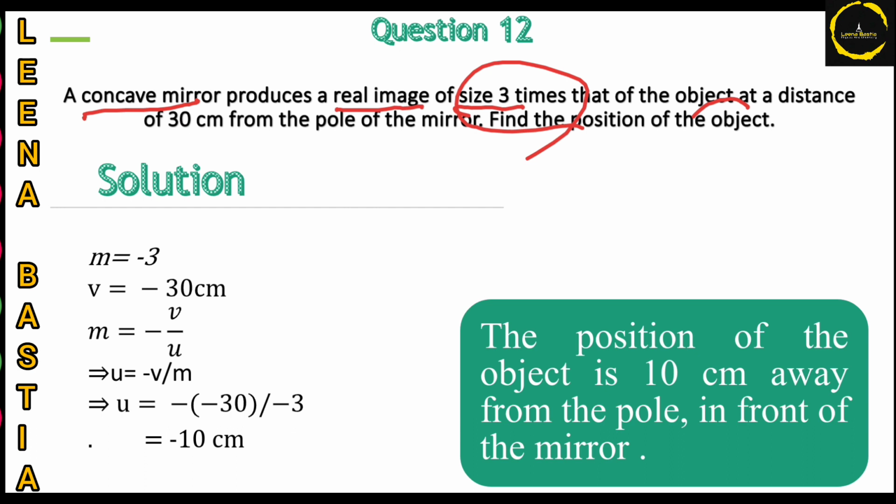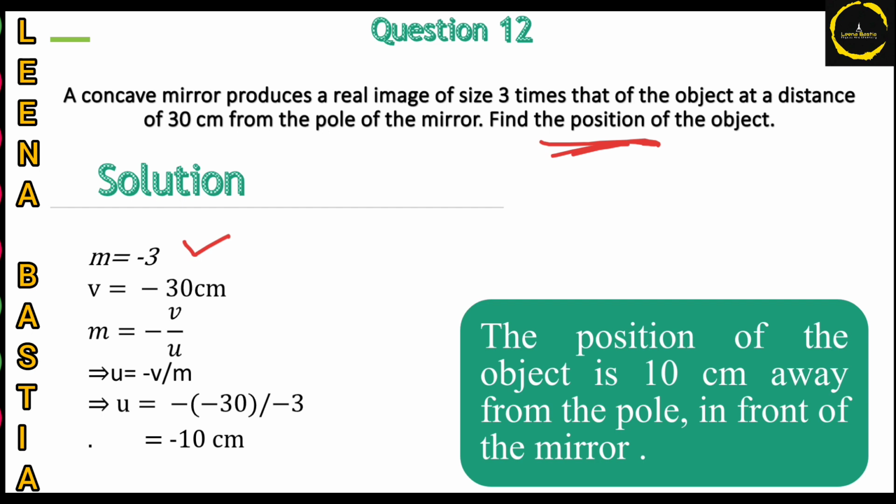If magnification becomes minus, then what type of image it will be? It must be real. Now here the question is not asking about the nature, only the position of the object you have to find out. So the only important part is to find this magnification value. It is also given that the image is at a distance of 30 centimeter.